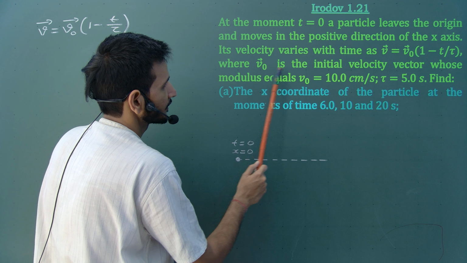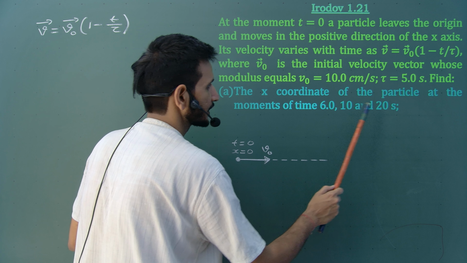Let me call this direction the direction of v naught, whose modulus is equal to v naught. It means that the magnitude of this velocity is 10 centimeter per second, and given that tau is 5. Find the x coordinate of the particle at moments of time 6 second, 10 second and 20 second.